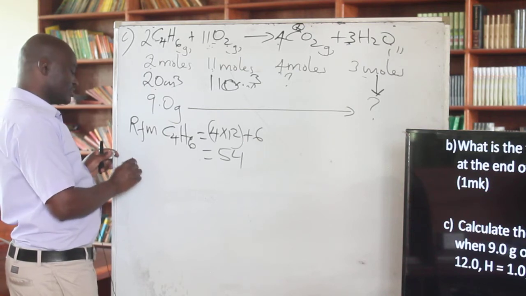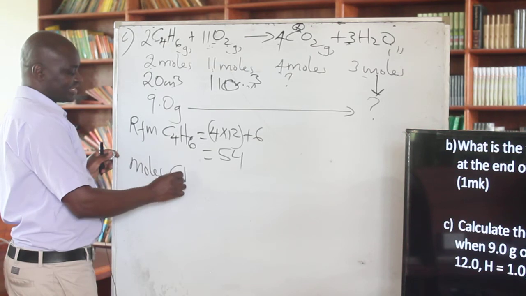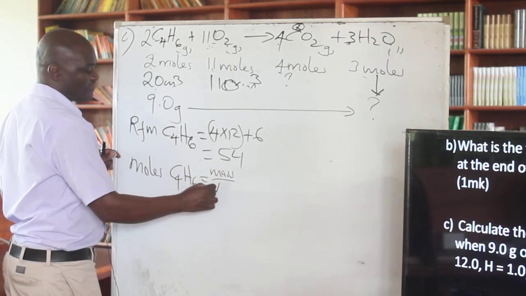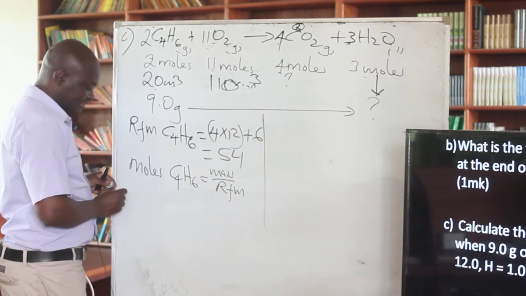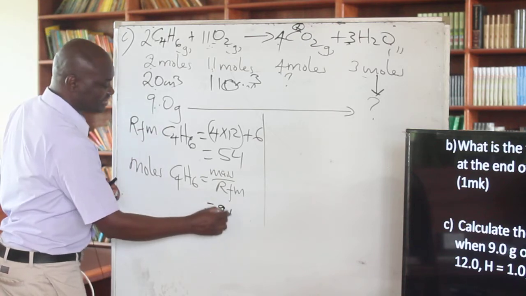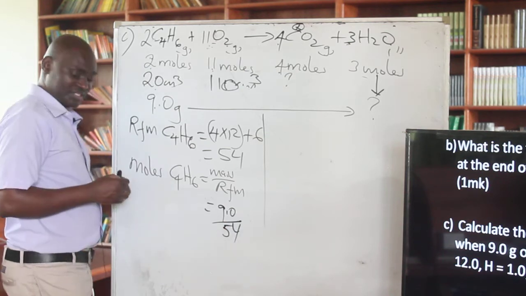Then we get the moles. Moles of butane is mass over RFM. The mass of butane is 9.0, RFM is 54.